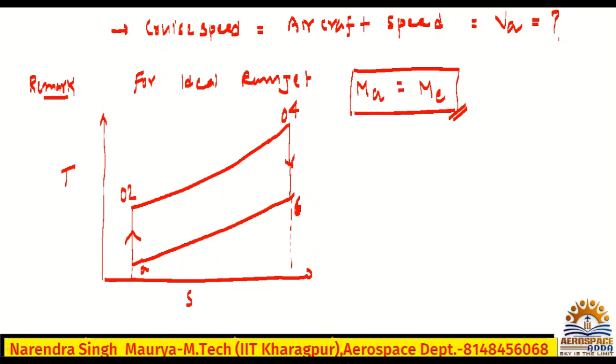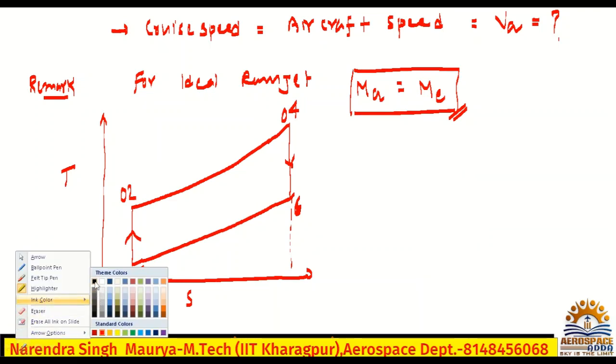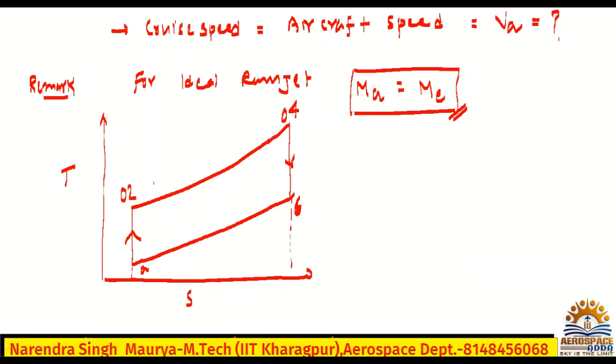Here, as I told you, if you write the pressure, P naught A is equal to P naught 2. P naught 2 is equal to P naught 4, is equal to P6, or you say P06.